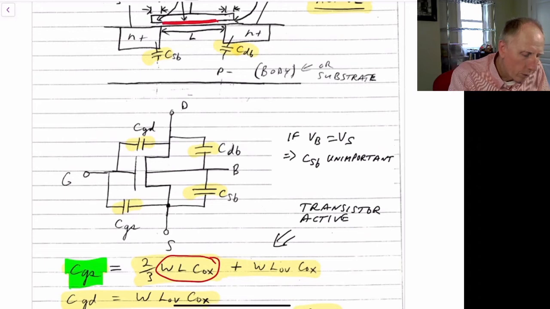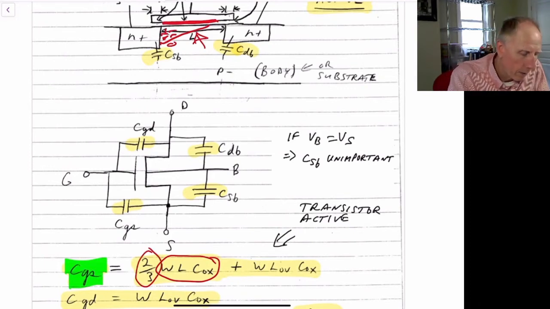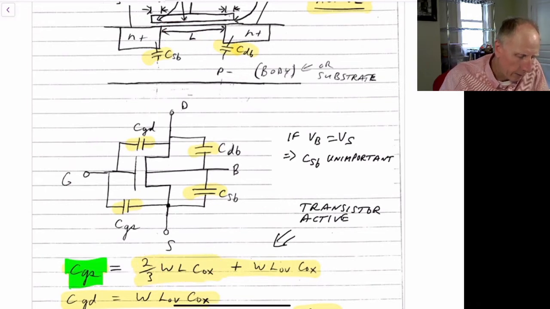But there's also a 2/3 factor because our channel is actually triangular shaped. The channel is more inverted on the left-hand side and less inverted on the right-hand side, so we get this triangular shape, and that results in this 2/3 parameter here. Now adding to that, we also need to add this part here.